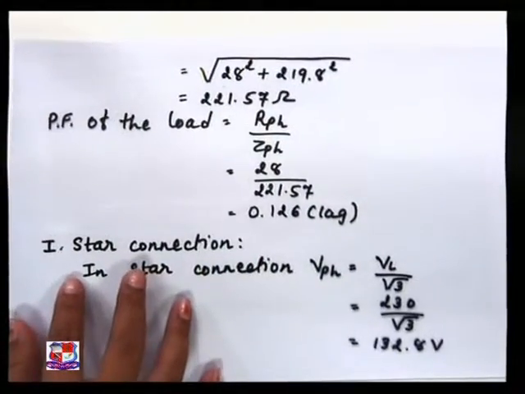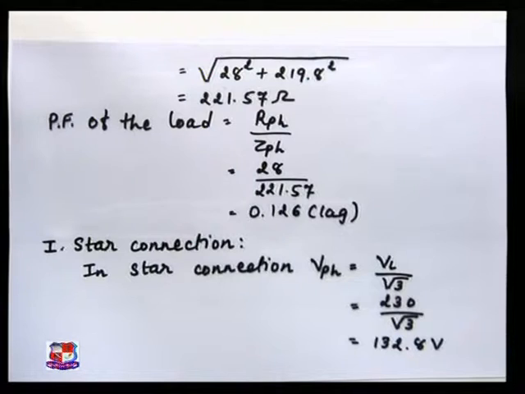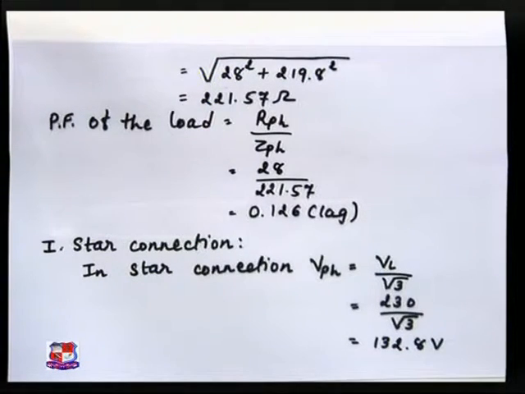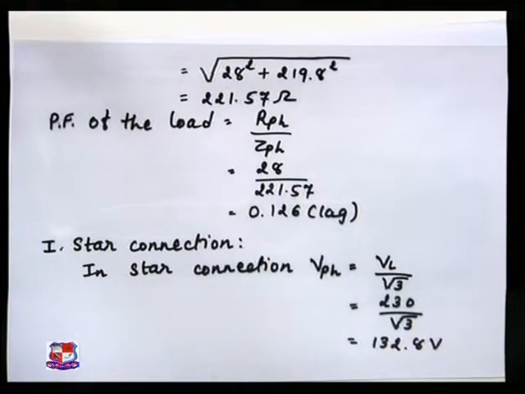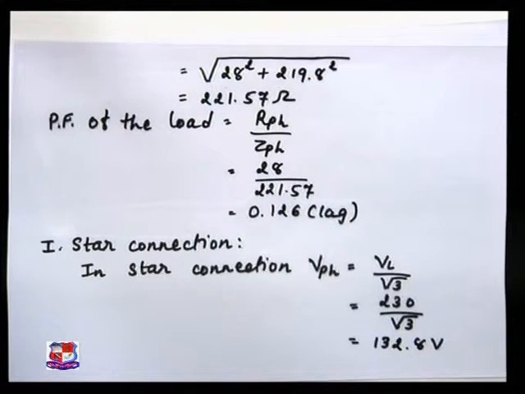Values of resistance per phase and inductive reactance are given in the data, so you can find the impedance per phase, which is equal to under root of 28 square plus 219.8 square, which is equal to 221.57 ohm.